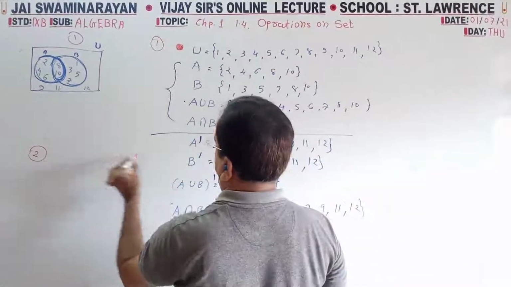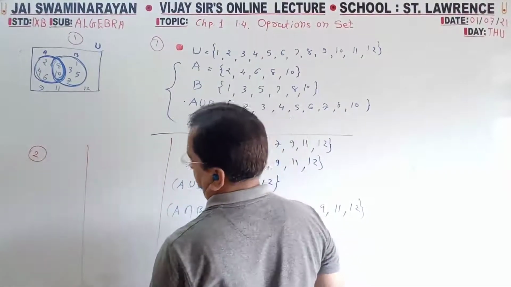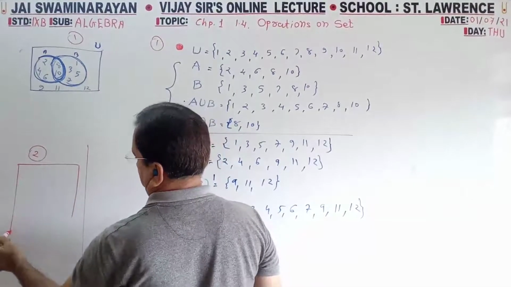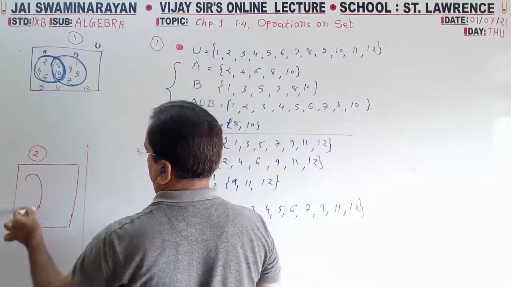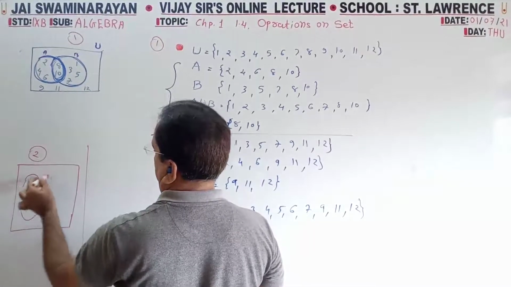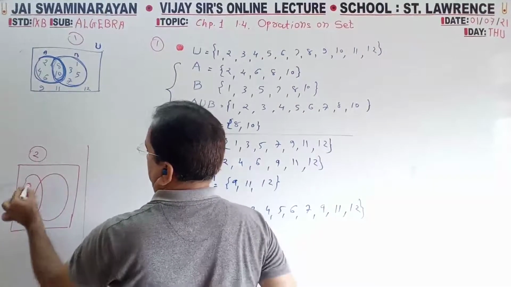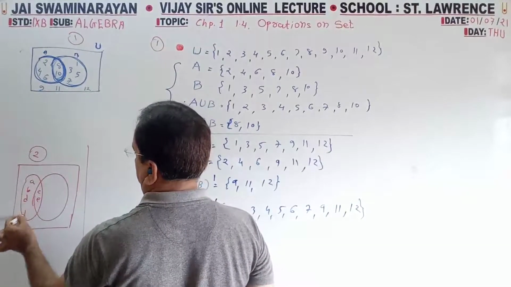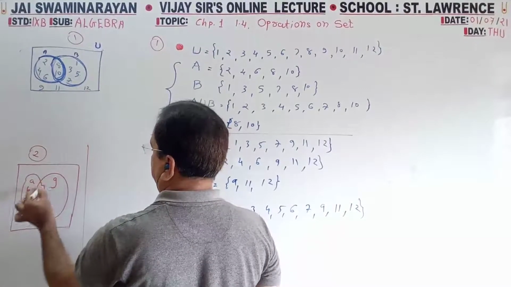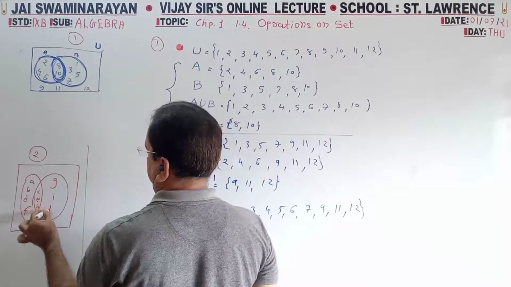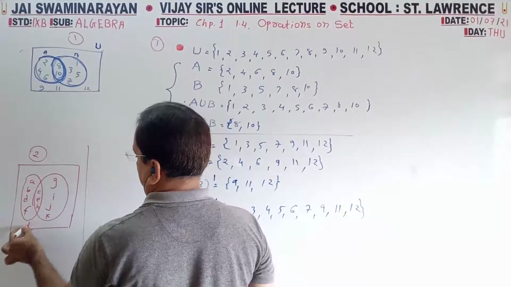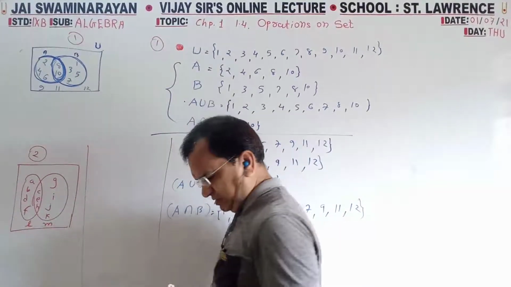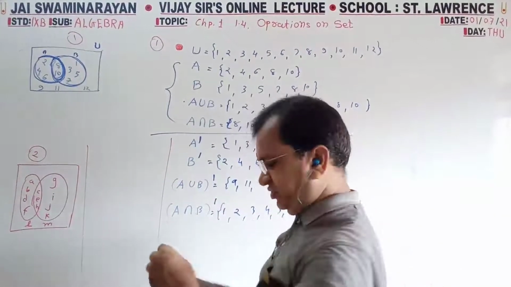Here the elements are A, B, C, D, E, F, G, H, I, J, K, L, M. See, the same question I am repeating.